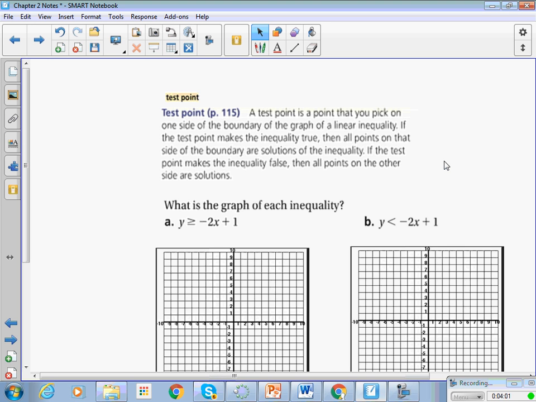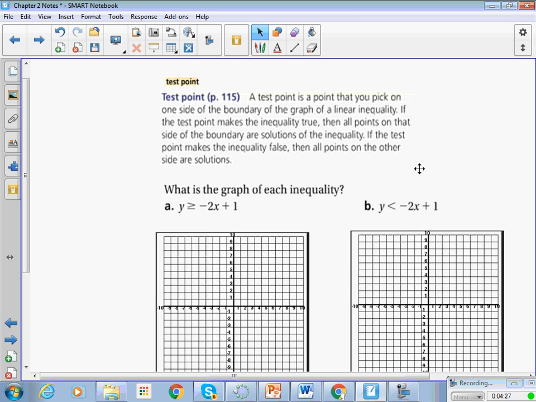If the test point makes the inequality true, then all the points on that side of the boundary are solutions. If the test point makes the inequality false, then you are on the wrong side of the boundary line and all the points on that side are not solutions and the ones on the other side are solutions. And we're going to see how that works.